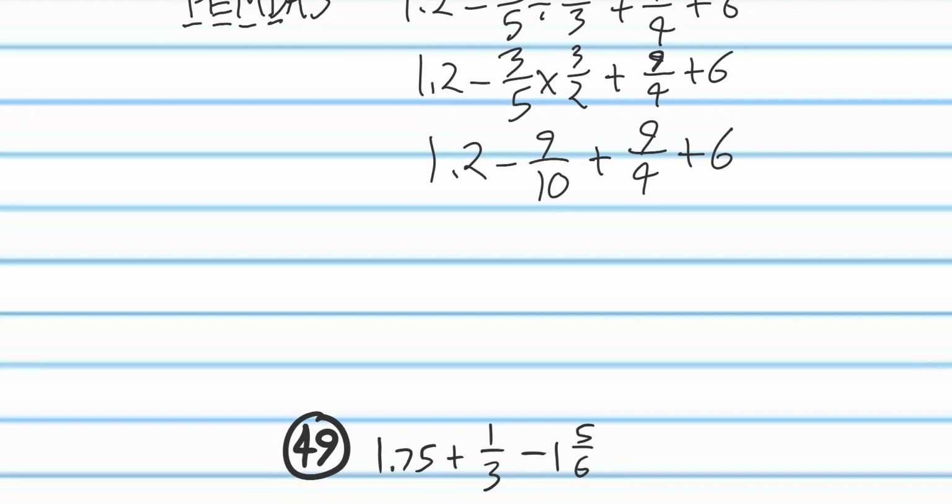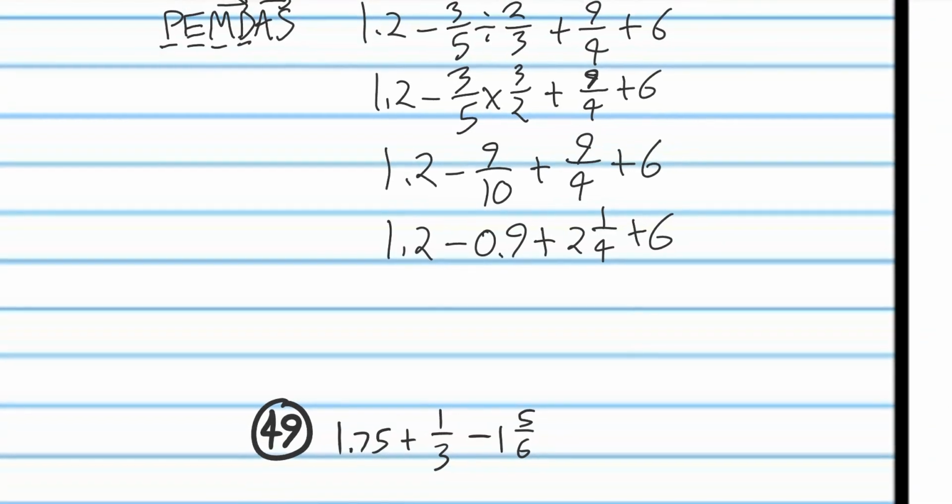So I'm going to change all these to decimals. I think that would be easier. So 1.2 minus 9/10, that's just 0.9 if you recall. And then 9 over 4, that's going to be 2 1/4. So I had to change this to a mixed number first, then I'll change it to a decimal. 4 goes into 9 2 times, and the remainder is 1.